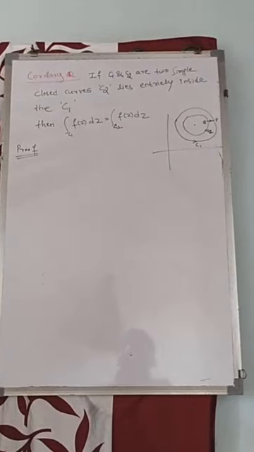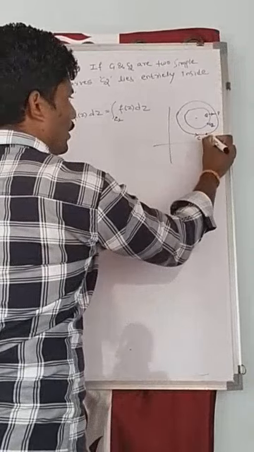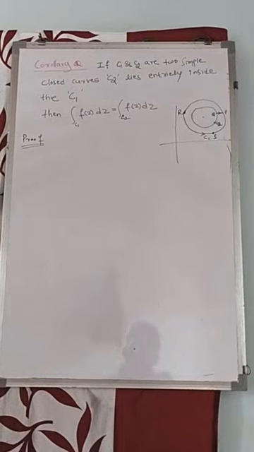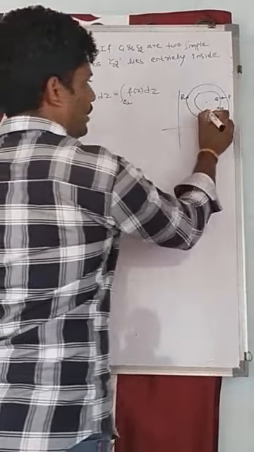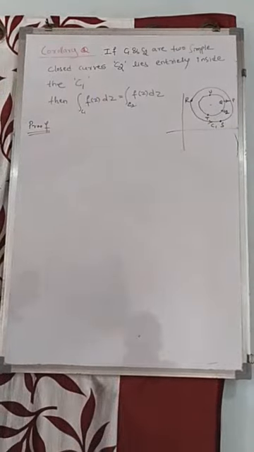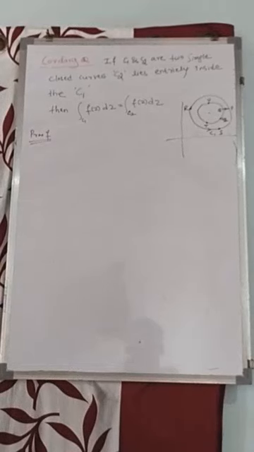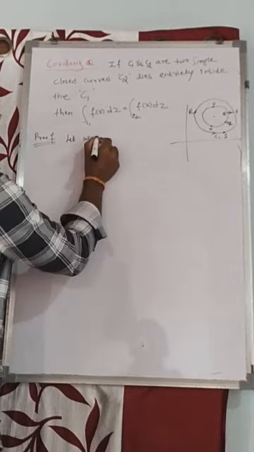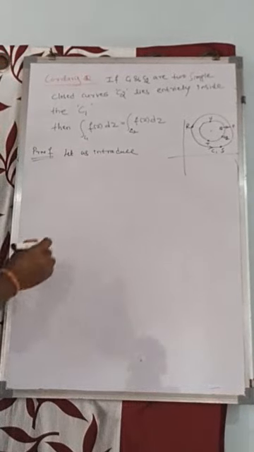Next, taking two points on C1, here one point S, here R, and taking two points on C2 also, here one point T, here U. This is the curve in the region R. Then let us introduce a cross cut.